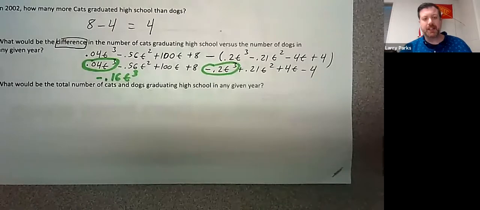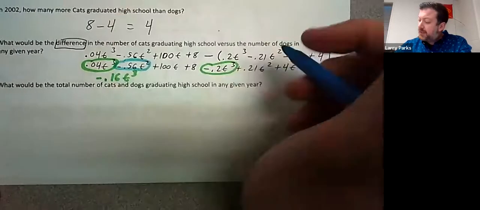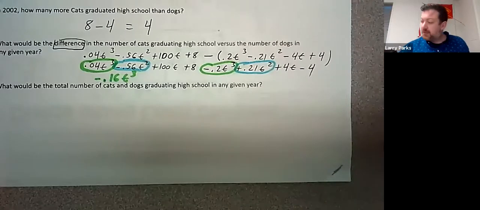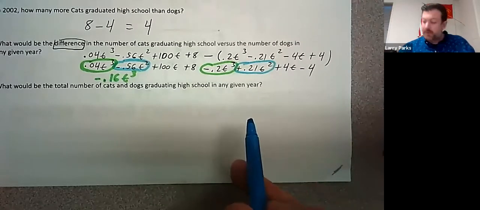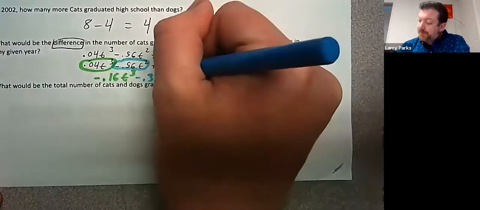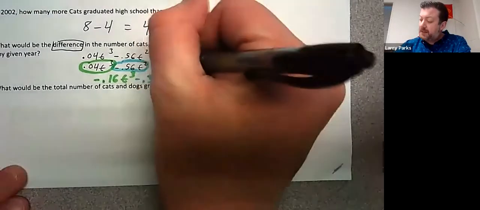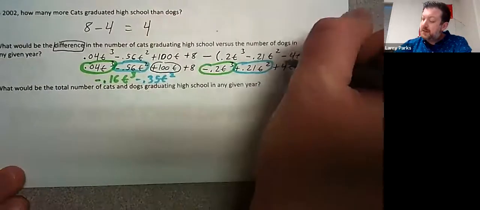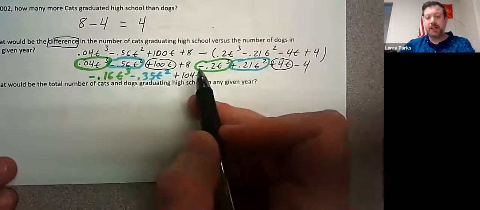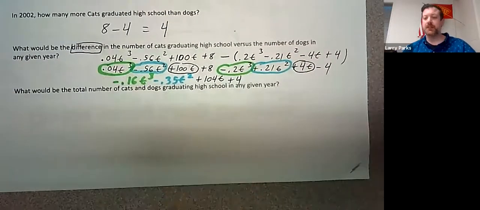And then if I take negative 0.56 t squared and I put that with my plus 0.21 t squared, negative 0.56 plus 0.21 is negative 0.35. And then I take my 100t and my 4t, 104t, and then my 8 minus my 4 would be 4. So that would be the difference.